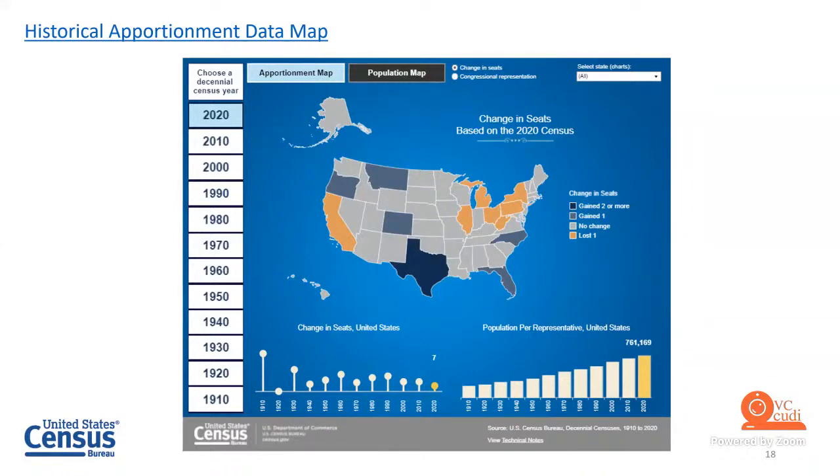You can see the decennial years listed on the left-hand side of the menu, and users can select any of those years to see the results of the apportionment process. And they can also select a state, and the charts and graphs will update with data specific to the state of choice. Okay, next slide, please.